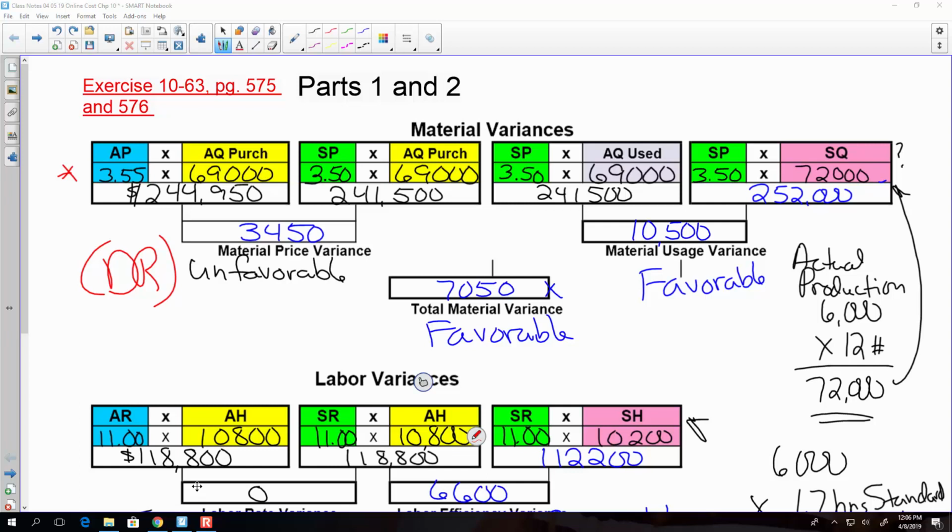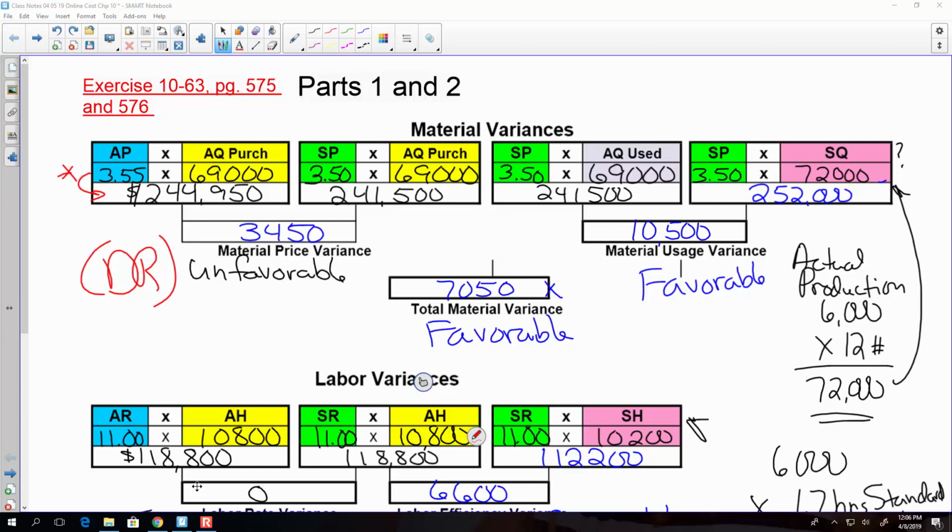So I'm simply multiplying these two cells together to get my total cost for purchasing the material. So in other words, I'd be debiting the raw material inventory account and crediting the accounts payable if I purchased the inventory from our vendor for $244,950.